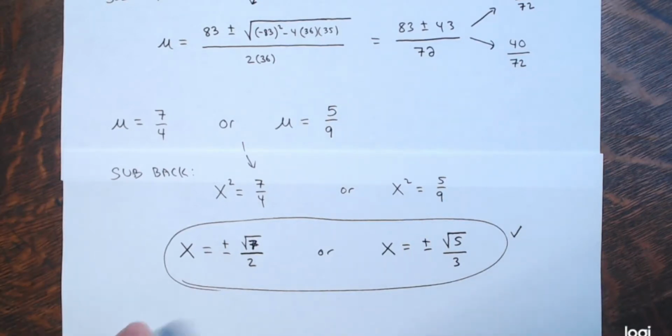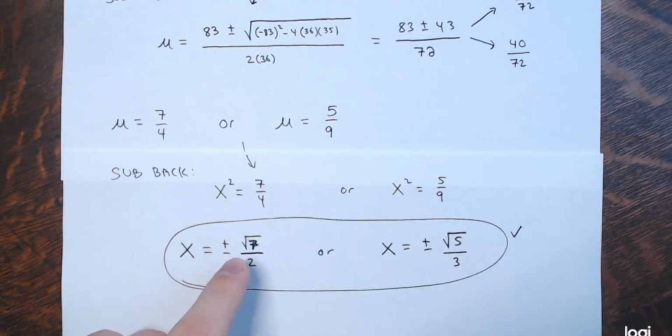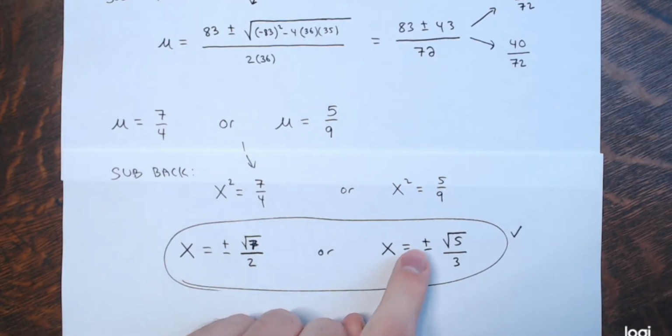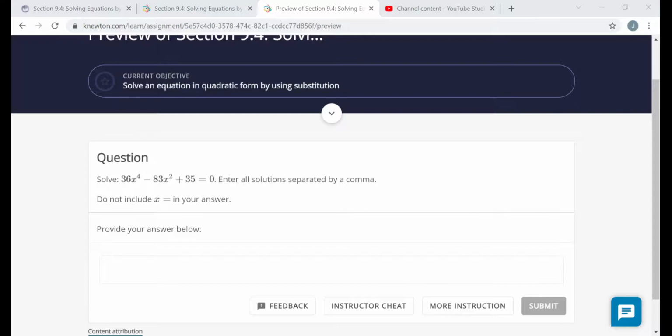So again, this is 4 solutions: positive square root of 7 divided by 2, negative square root of 7 divided by 2, positive square root of 5 divided by 3, and negative square root of 5 divided by 3. That is what I'm going to be entering back in the assignment.